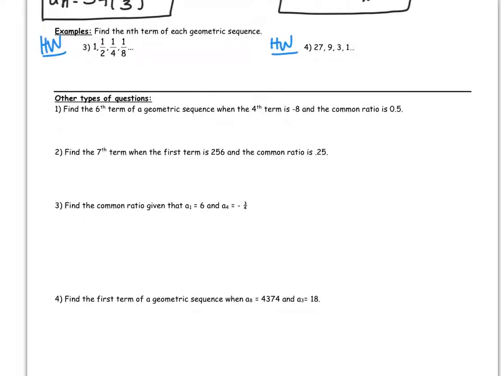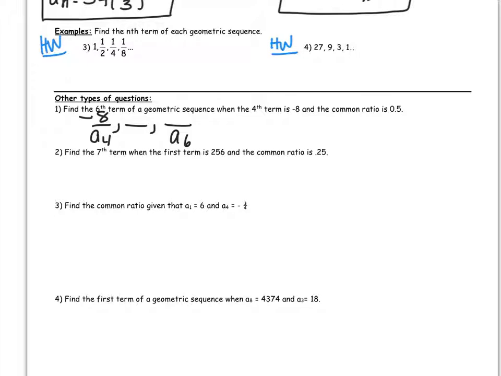Question number 1 says, find the 6th term of a geometric sequence when the 4th term is -8 and the common ratio is 0.5. So we can map this out if we want by just drawing some lines. So we have the 4th term, 5th term, and 6th term. My fourth term is negative 8, so a sub 4, and I want to find a sub 6.